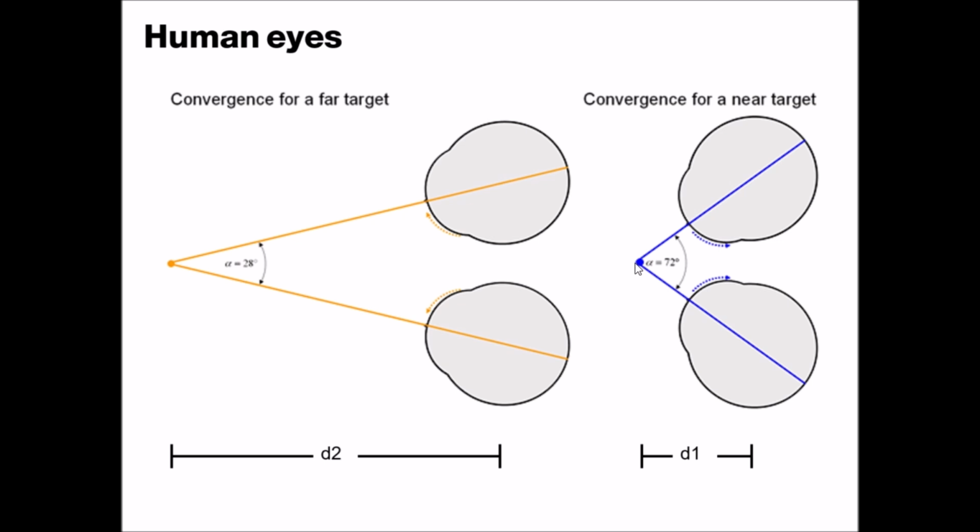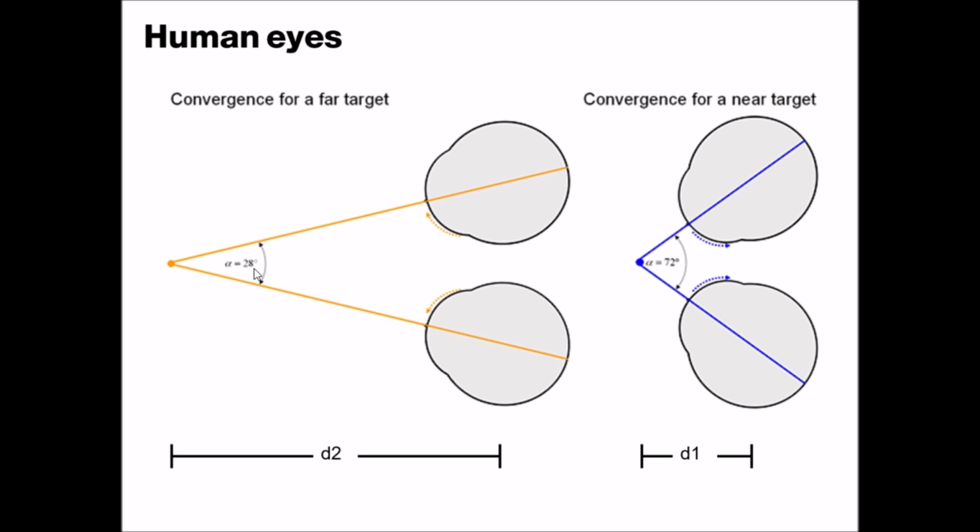When the two eyes look at this object in a position near the eyes, the angle is 72 degrees, for example. If the distance is a little bit longer, for example if you focus on an object at a long distance, the eyes focus at a lower angle. Here alpha equals 28. What does it mean?